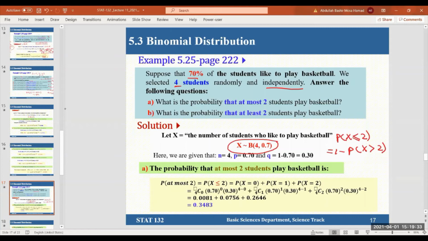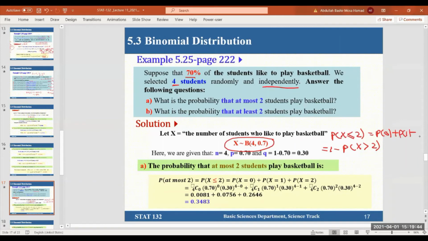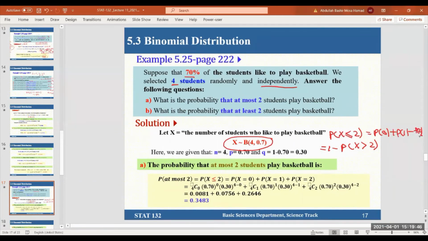It's up to you. This equals P of 0 plus P of 1 plus P of 2. Or it equals 1 minus P of 3 minus P of 4. Here we find 2 values, but there we find 3: P of 0, P of 1, P of 2. But both are right.